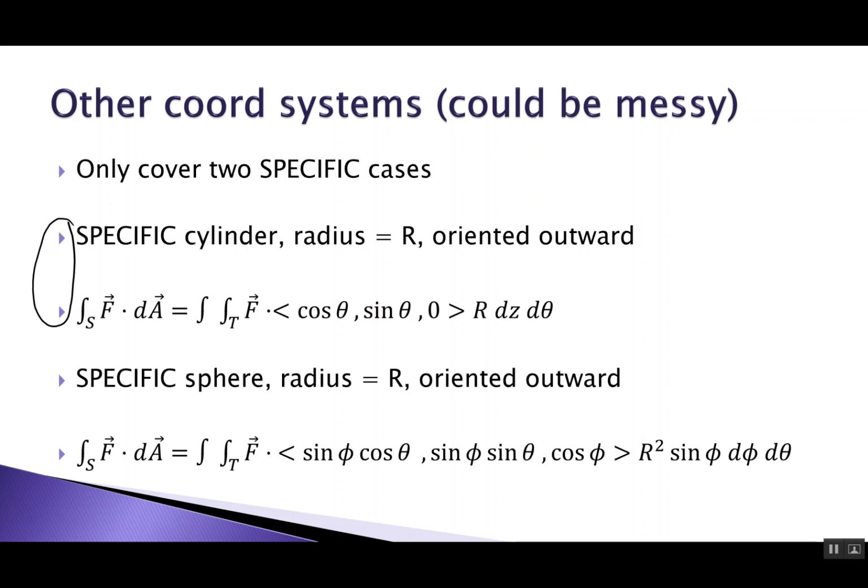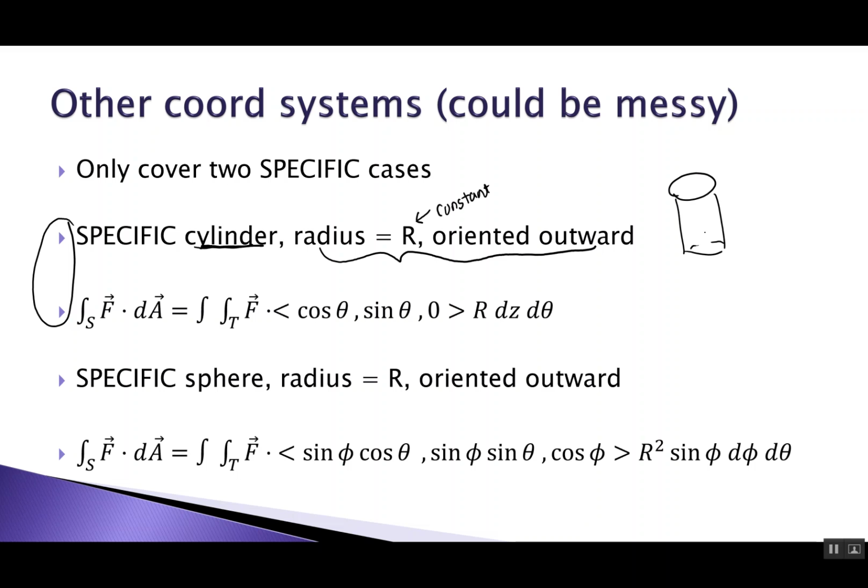Here's my first case. If we have a cylinder and we're going to work in cylindrical coordinates, our surface has radius r, and that r is a constant because this is a cylinder, and our orientation is going to be outward from the cylinder.